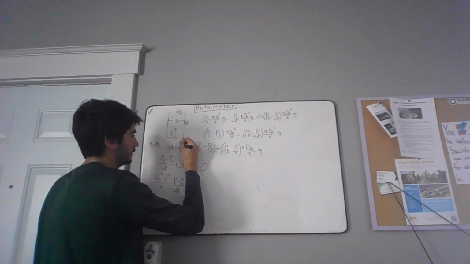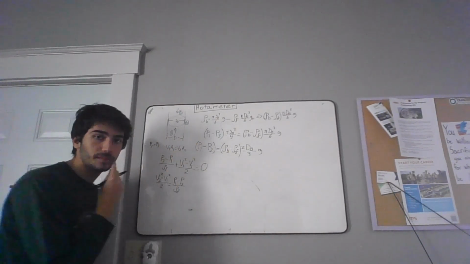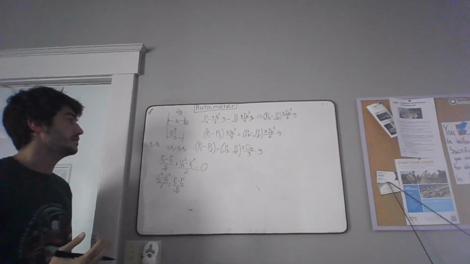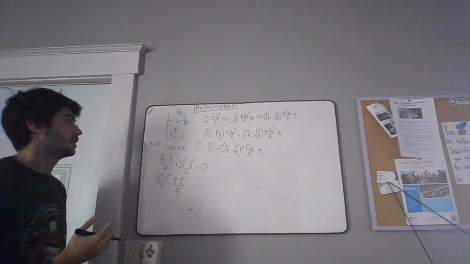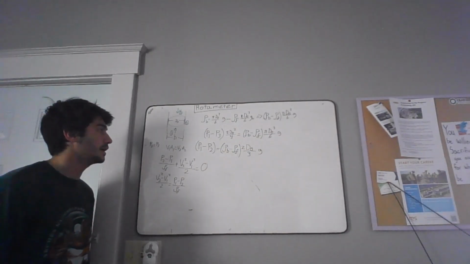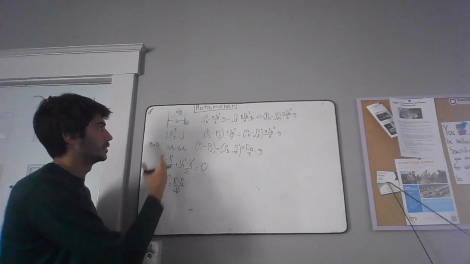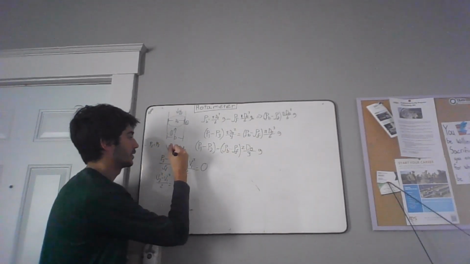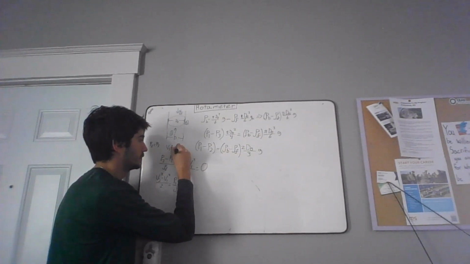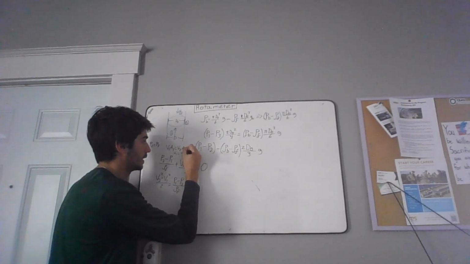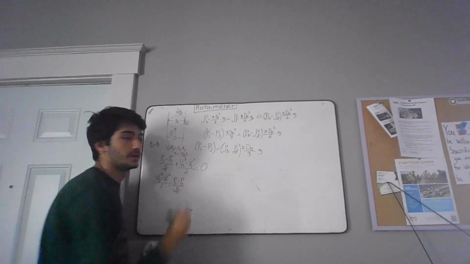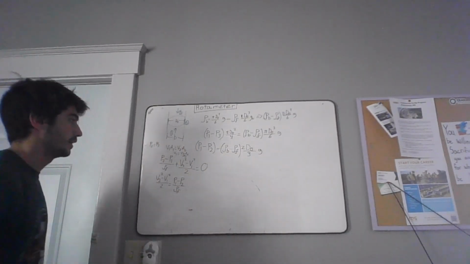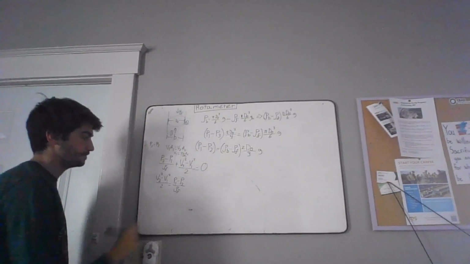V1A1 is equal to V2A2. Since the density remains the same, we know that the velocity times the area is equal at every location. So we can rewrite this as V1 being V2A2 over A1, and plug this in for V1.